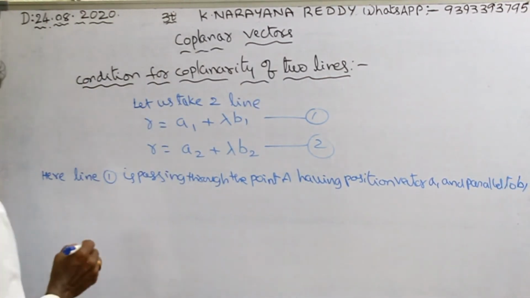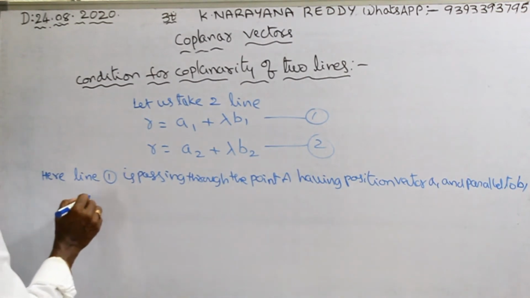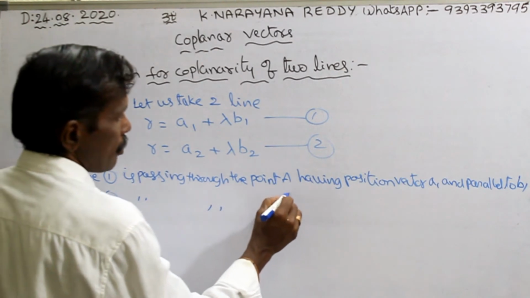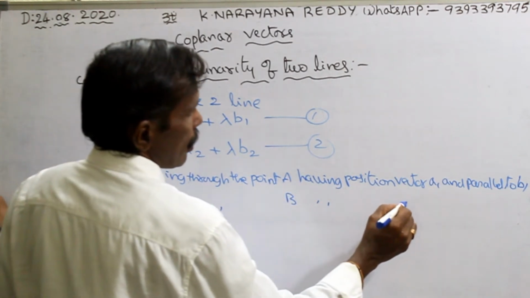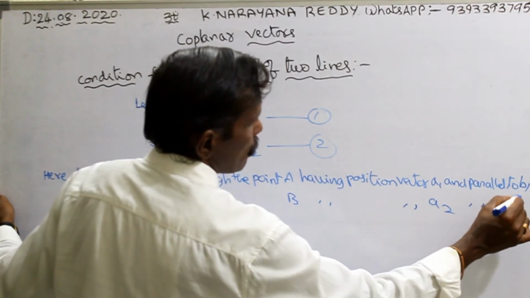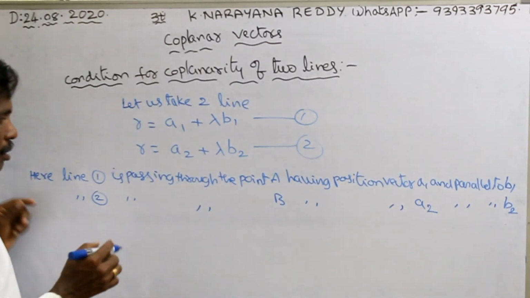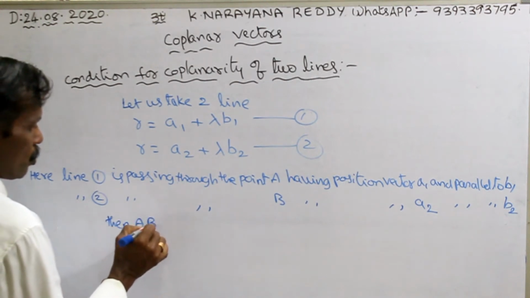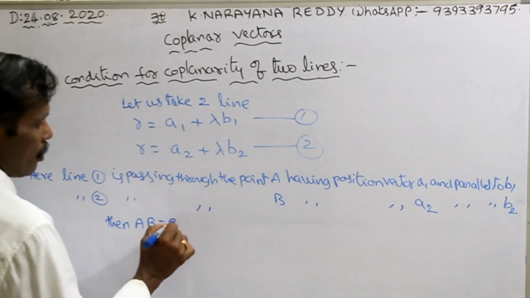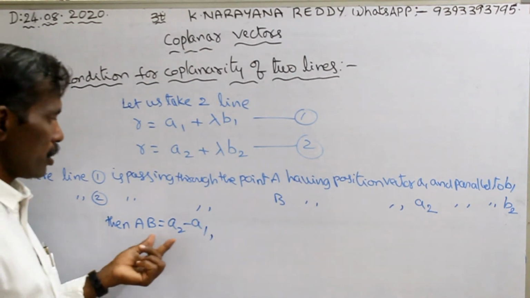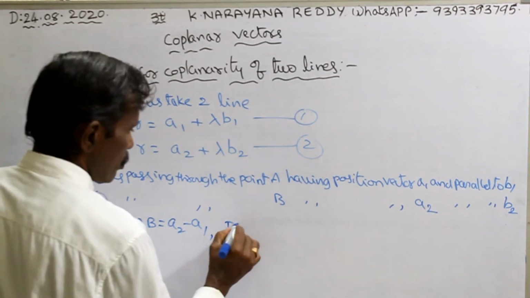In the same manner, line 2 is passing through the point B having position vector A2 and parallel to B2. Then AB equals A2 minus A1. You know that. Yes or not? AB equals A2 minus A1.